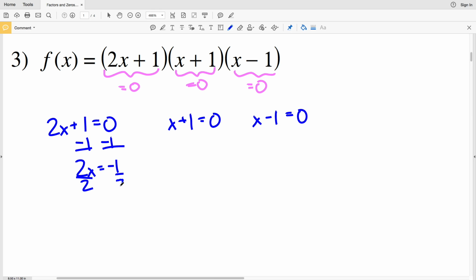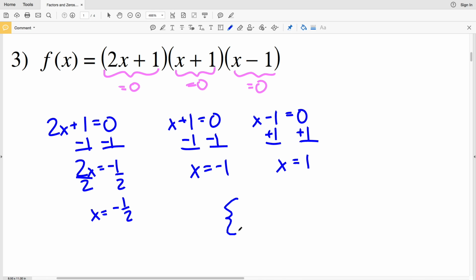And when I divide by 2, I'll get that x is equal to a negative 1/2. For my next equation, I'll subtract 1 from both sides to get that x is equal to a negative 1. And then finally, in my last equation, I'll add 1 to both sides to get that x is equal to a positive 1. So my solutions in number 3 are negative 1/2, negative 1, and positive 1.